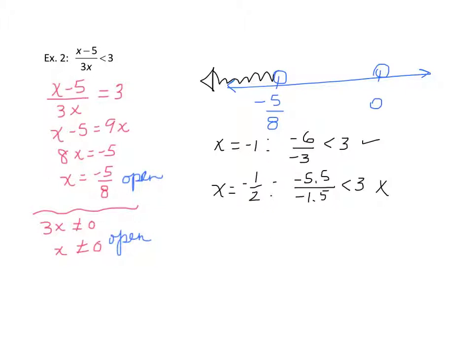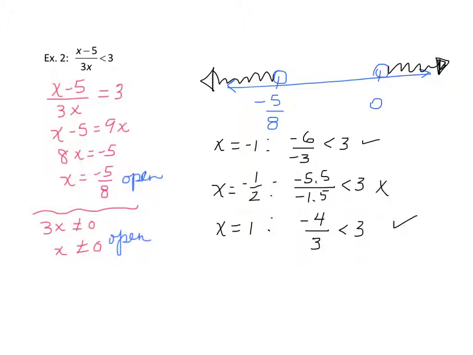And then the last interval, values greater than 0, I'll choose 1. Which will lead me to a statement that says negative 4 divided by 3 is less than 3, which is true. All negative numbers will be less than 3. So I will have solutions to the right of 0.